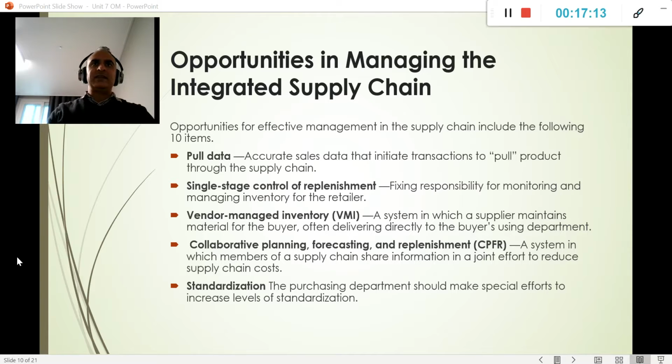We have single stage control of replenishment. In this case, we fix responsibility for monitoring and managing inventory for the retailer. So, like I said, we look at what the retailer has on hand and we replenish accordingly. That goes together with the VMI, which is the vendor managed inventory.